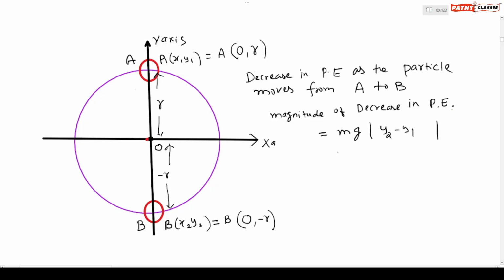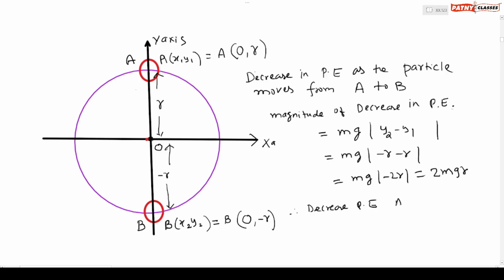Here we take the positive modulus of y2 minus y1, so that is mg times modulus of minus 2r, which equals 2mgr. Therefore, the decrease in potential energy as the particle moves from A to B is equal to 2mgr.